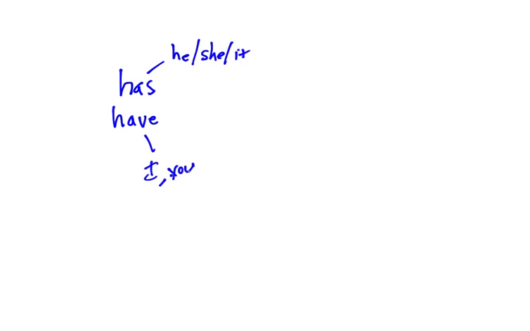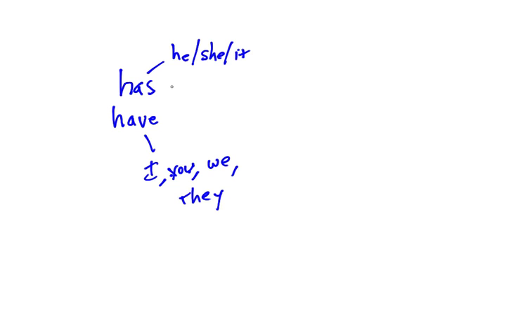So, for instance, to make it, we first need to use has or have. Has with he, she, or it. Have with I, you, we, they subjects. Or their equivalents. For example, if we said Bob, that's the same as he, so Bob has. Or if we said Jerry and I, that's the same as we, so it would be Jerry and I have.